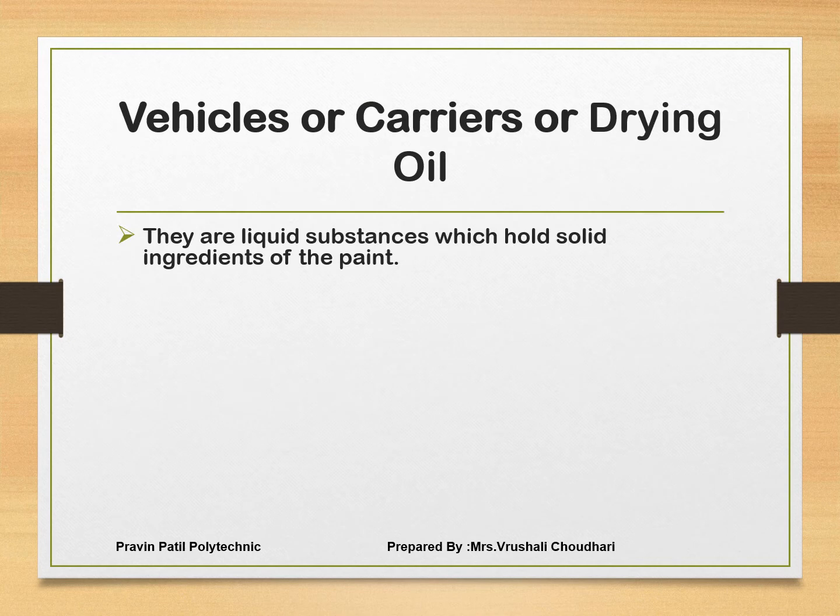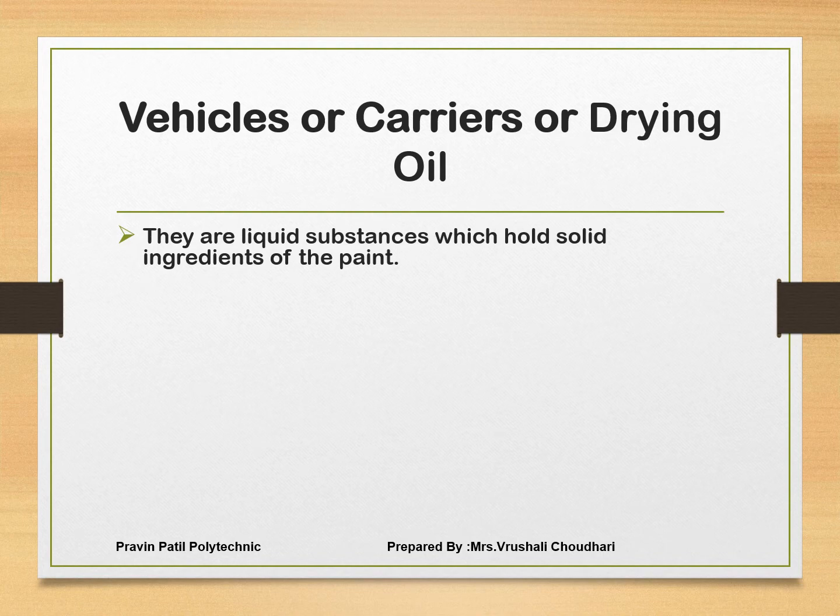Vehicles, carriers or the drying oil. If we use only pigments, which are solid particles, they will not stick on the surface. So we have to use a material or chemical due to which pigment will stick to the solid surface.